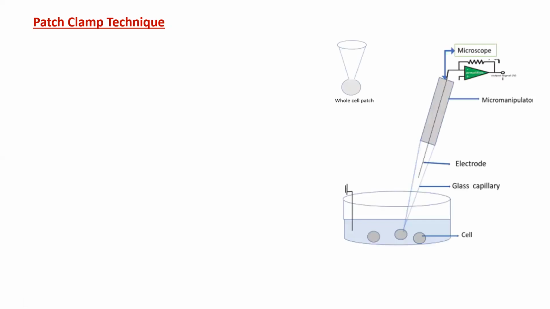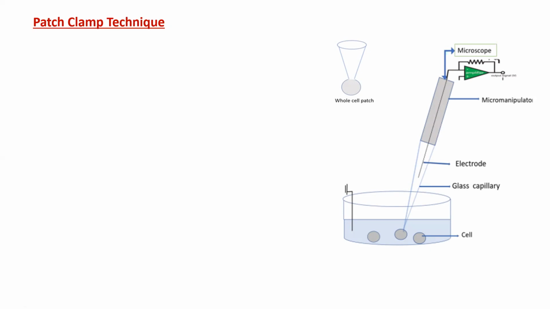Then the next method is the patch clamp technique. So for this technique, first we see the instrumentation. The instrument comprises an electrode and a glass capillary, microscope, amplifier, recording software, micromanipulator, and a camera.